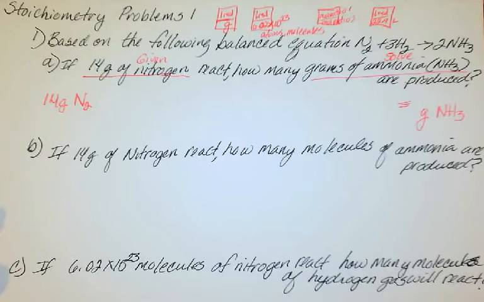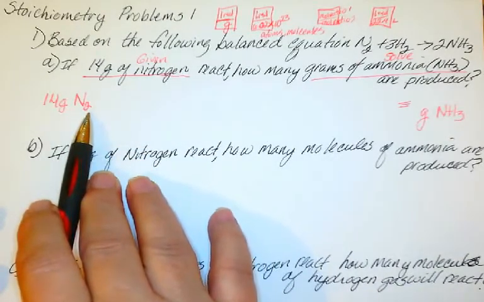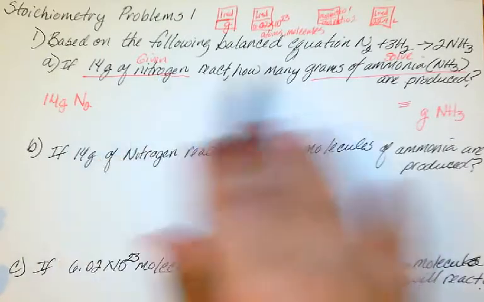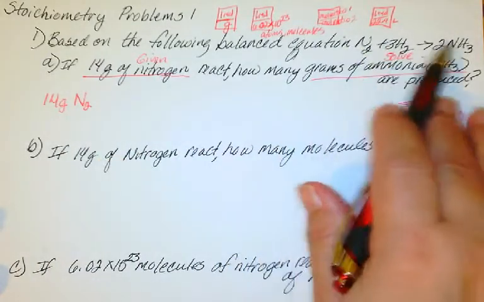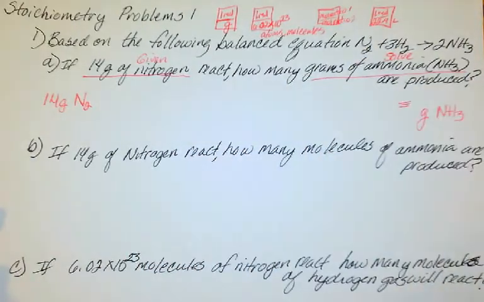Halogens are fluorine, chlorine, bromine, and iodine. So there's a total of 7 things. So nitrogen is always going to be N2. So when it just says nitrogen, it means N2. But if I'm not sure, what they're talking about has to be within the chemical equation. All right, so there's N2.